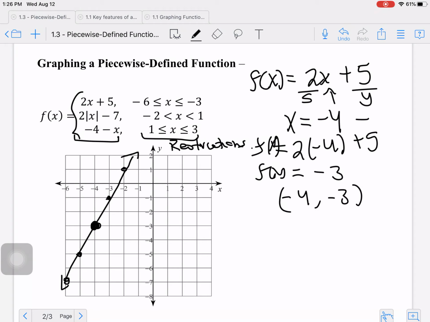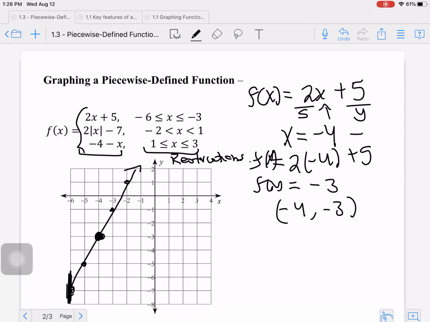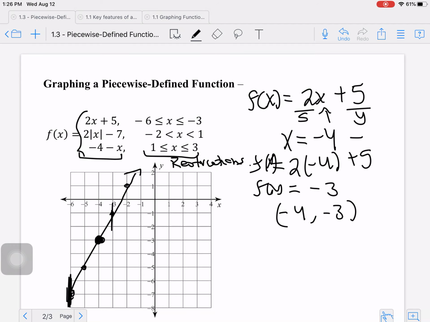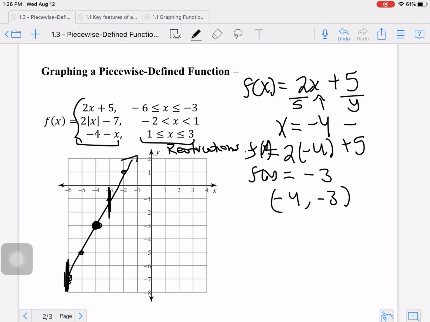That function should only exist in between -6 and -3. Well, -6 is right there, and -3 is right there. So my function should only exist in between those two lines, which means that the rest of it doesn't exist. So I'm going to erase that, and I'm going to erase that right there.